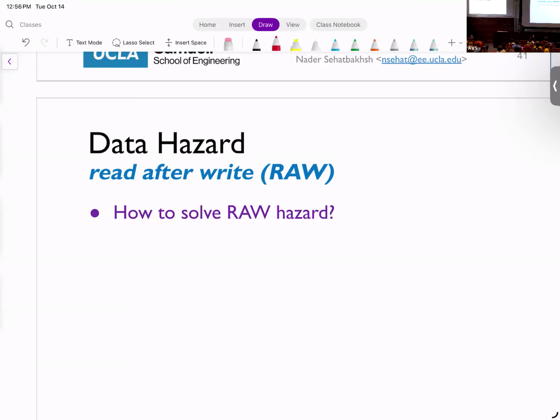Do you do it in hardware or in software? Yeah, you have to wait 2 cycles, right? So the ALU and the write back need to happen, and then you can go.